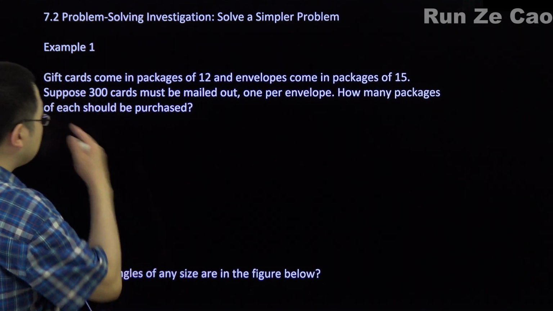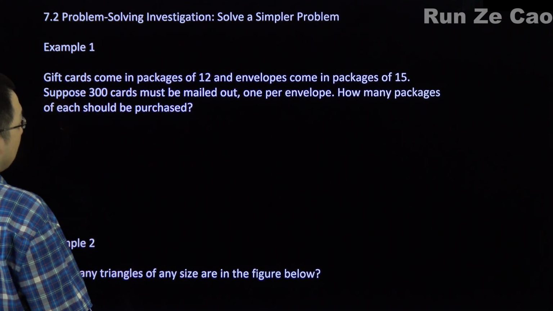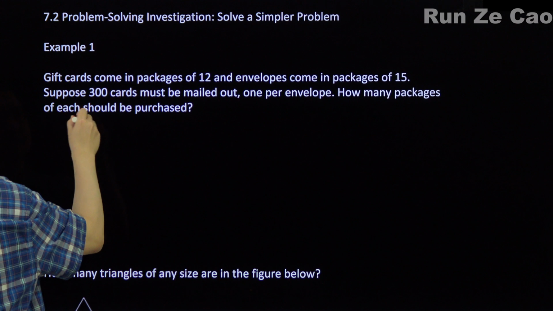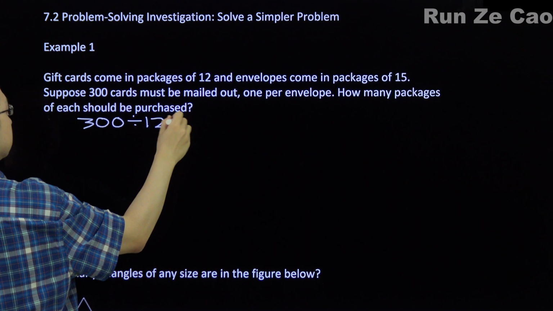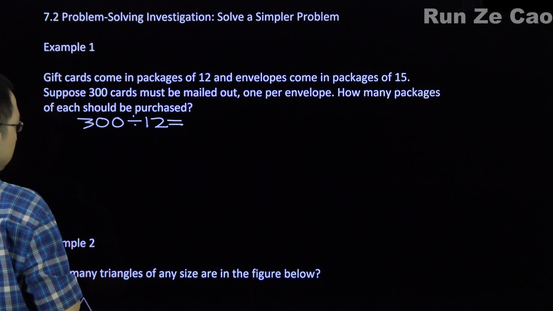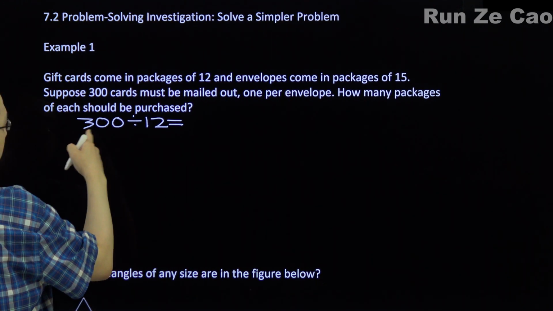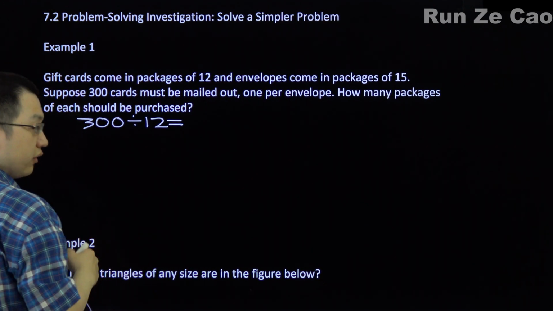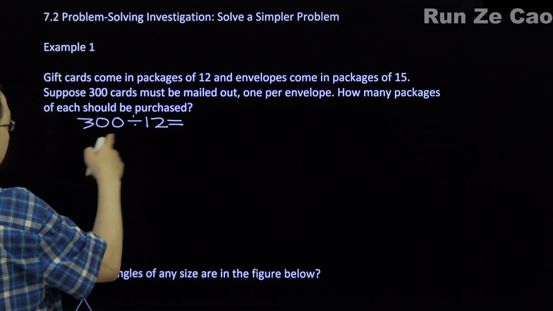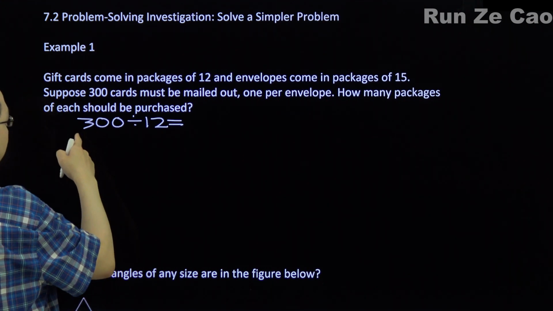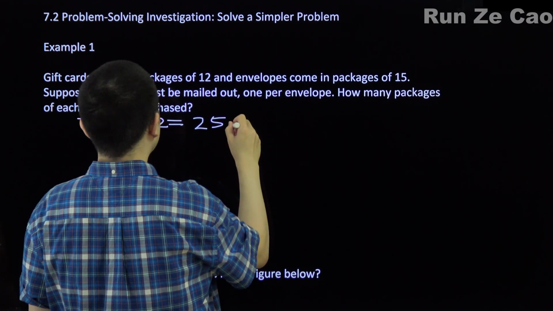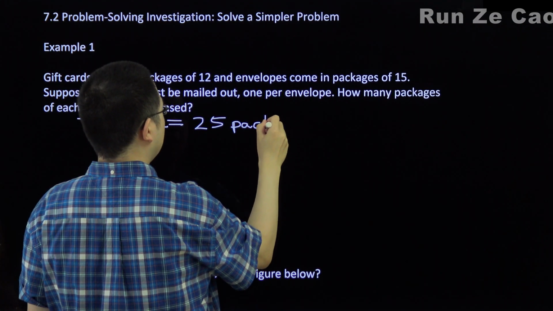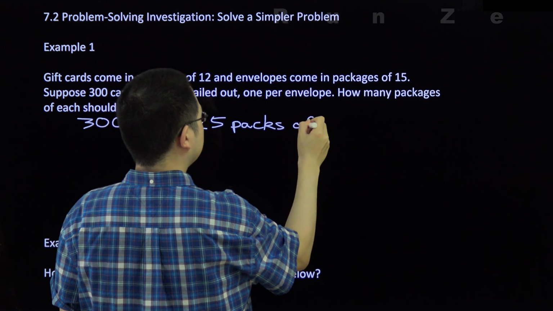In this case, you just do it, okay, so 300 cards divided by 12 is equal to, well, okay, 300 divided by 12, what's 12? 12 is 3 times 4. So 300 divided by 3 and then divided by 4. That leaves us 100 divided by 4 is 25 packs of cards.